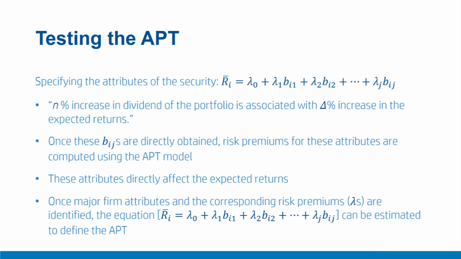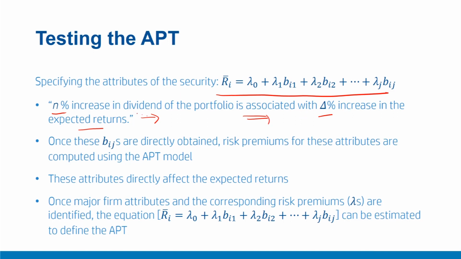More precisely, while specifying the attributes of the security and estimating the lambdas and Bij's through this APT equilibrium model, let's look at this statement. N% increase in the dividend of the portfolio is associated with delta % increase in the expected returns. Here, dividend is that security specific characteristic which also determines the expected return from the security.